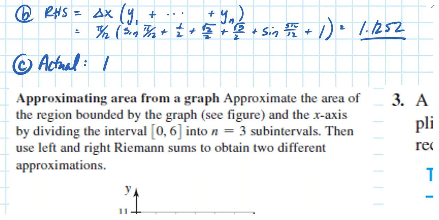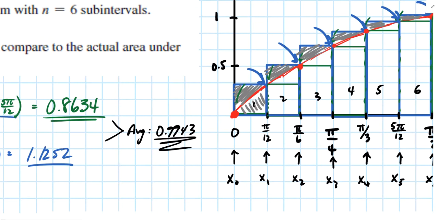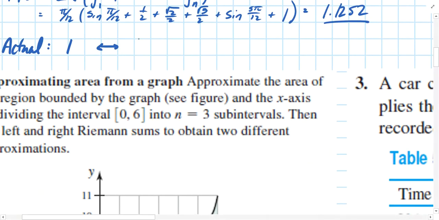And we discussed this a little bit in class last week. We can obtain the actual area because we have the function that describes this curve and we have the boundaries. We can actually use a definite integral to compute this result.